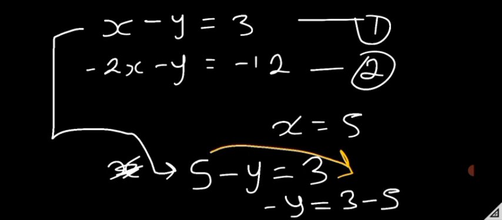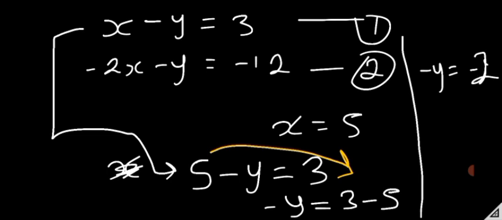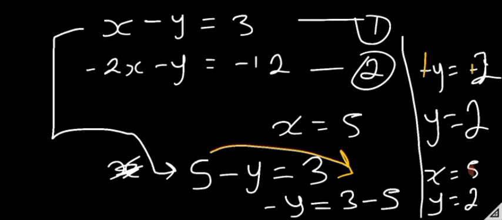So this gives us minus y. 3 minus 5 is what? Minus 2. So we have minus here. Minus cancels minus, so there's no minus again, because y equals 2. So the final answer for this is x is equal to 5 and y equal to 2.